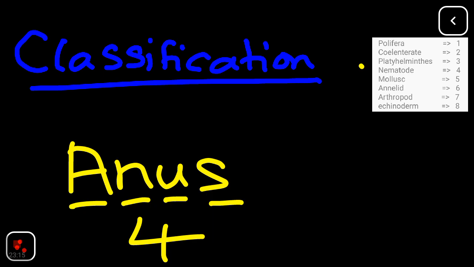I think we have to thank nematode for this really great work. So play with it, make fun with it, and don't feel bad with the word I use like anus, but this is biology class. Anus, four letter word, so the first animal is number four, that's nematode. So nematode has an anus.